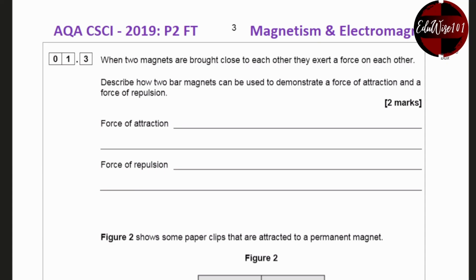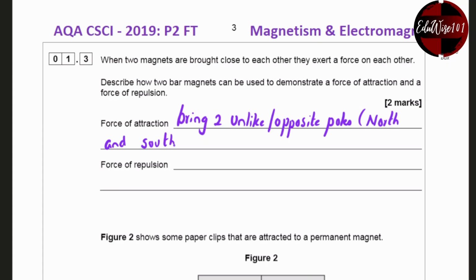Now for the force of attraction, you could bring two unlike or opposite poles, which is north and south, close together or near each other.